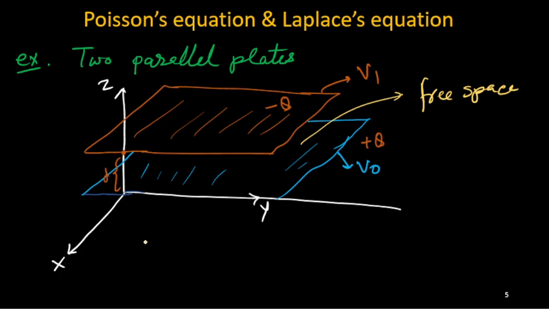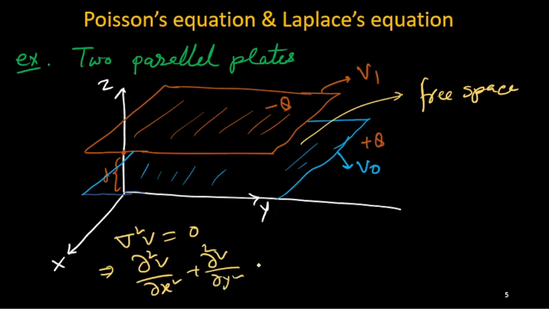So Laplace equation, del square V equals to 0. Now this term is having three terms as I discussed: del square V del x square, del square V del y square, and del square V del z square, and that is equals to 0.